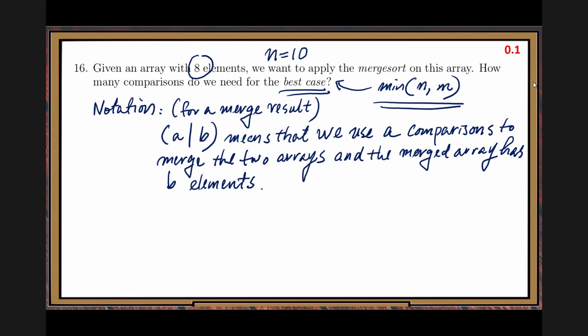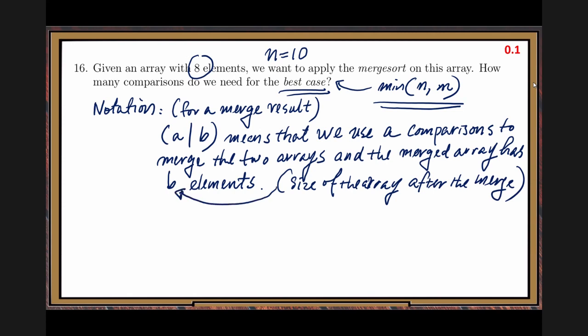After the merge, what is the size of the array? That number is useful, so we use B to store it. All right, so after this assumption, now let's do the work.